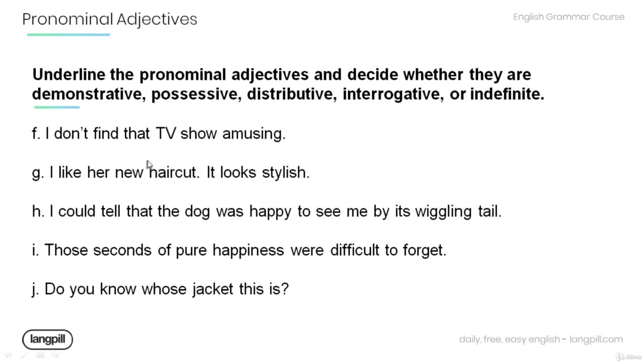F. I don't find that TV shows amusing. G. I like her new haircut. Looks stylish. H. I could tell that the dog was happy to see me by its wiggling tail.